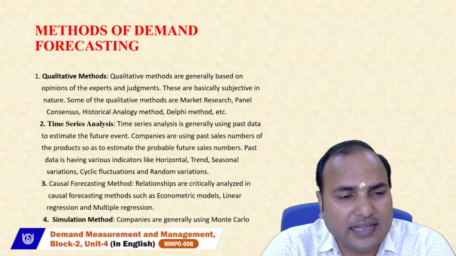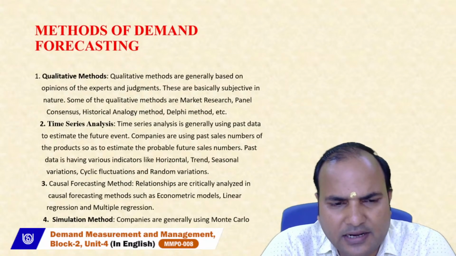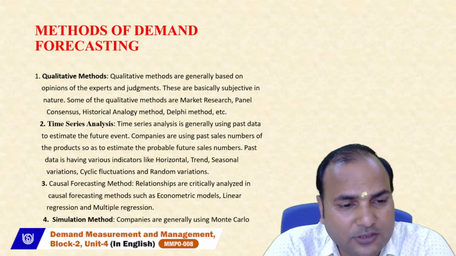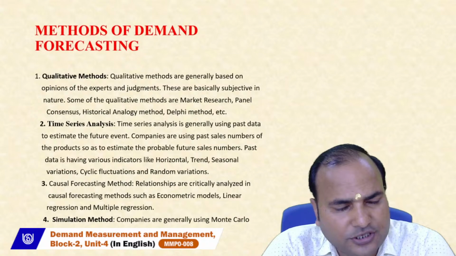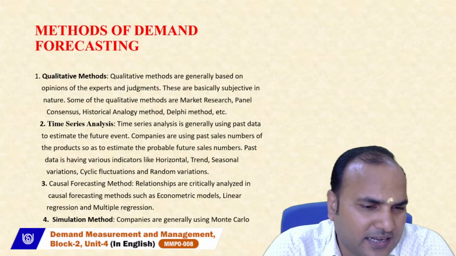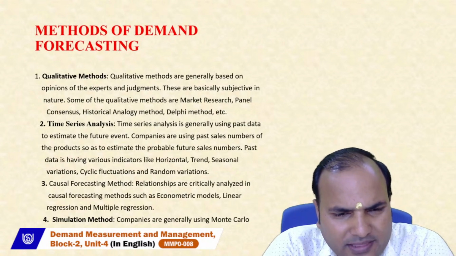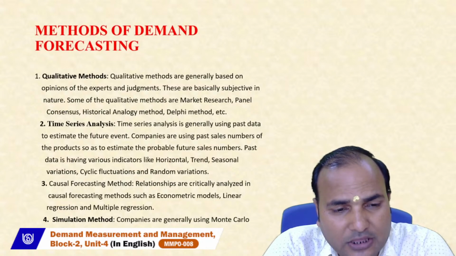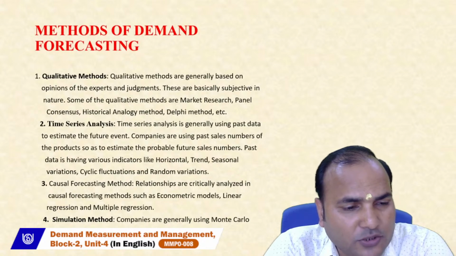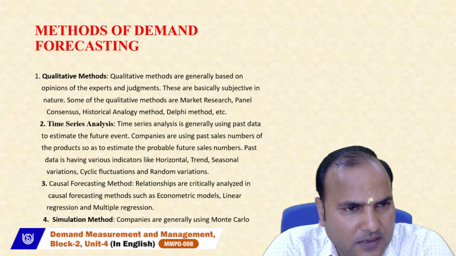The third is the causal forecasting method. Here, relationships are critically analyzed, such as in econometric models, linear regressions, and multiple regressions. These are the methods where the relationship is critically analyzed, so it is known as the causal forecasting method.